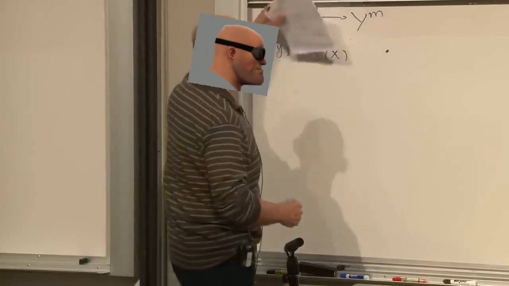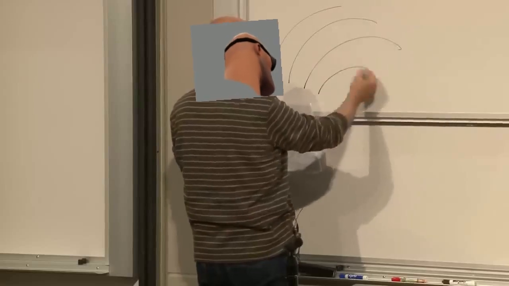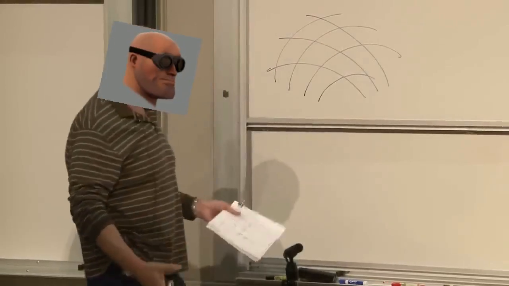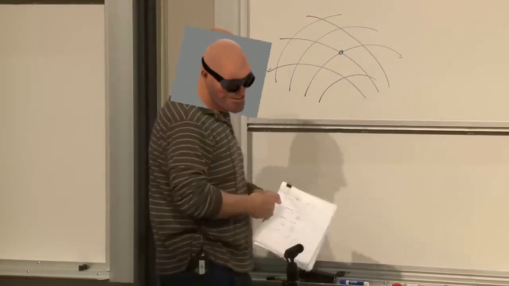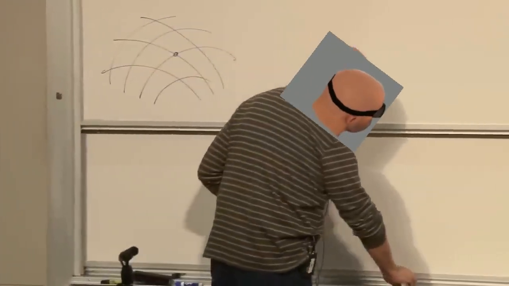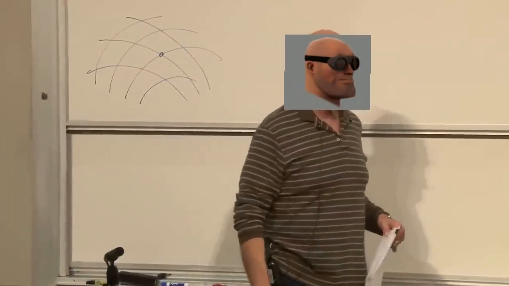There are two coordinate systems. Here's the x coordinate system. These are the lines of constant x, or the surfaces of constant x. And every point is labeled by a collection of x's. How many x's and y's? Well, it depends on the dimension of the space.